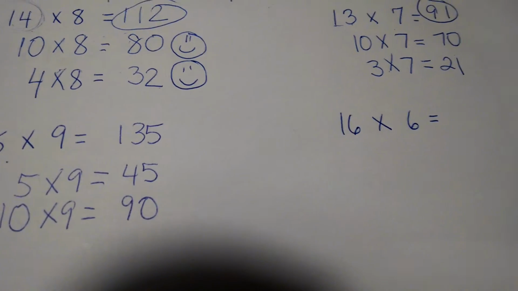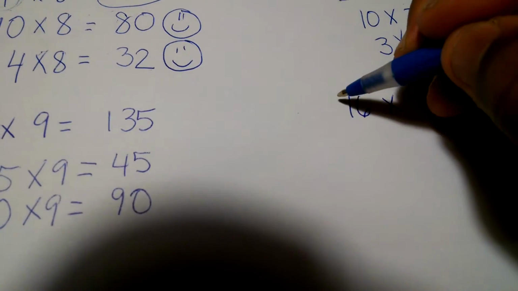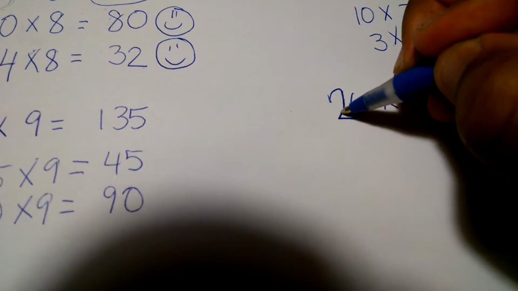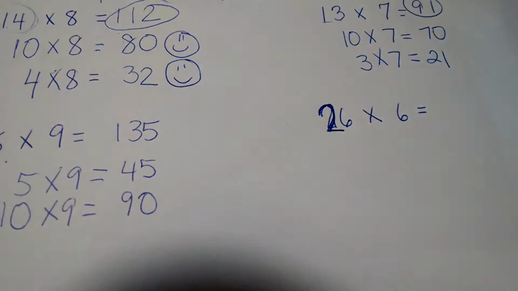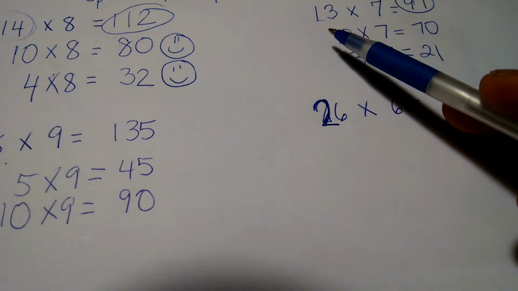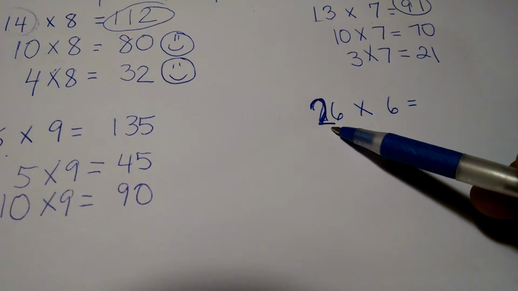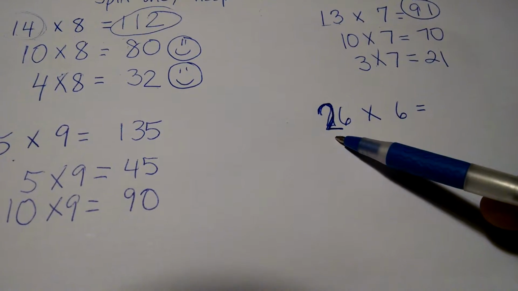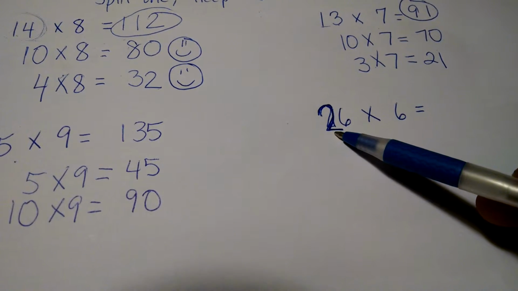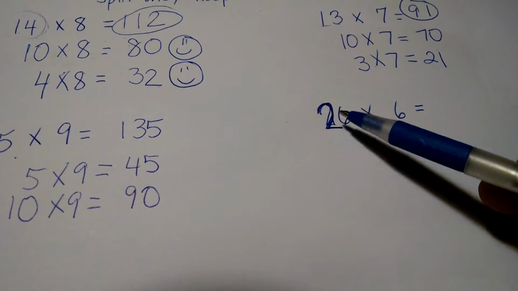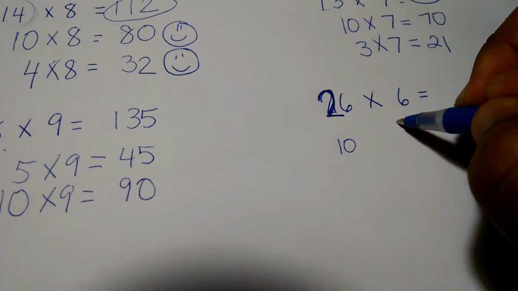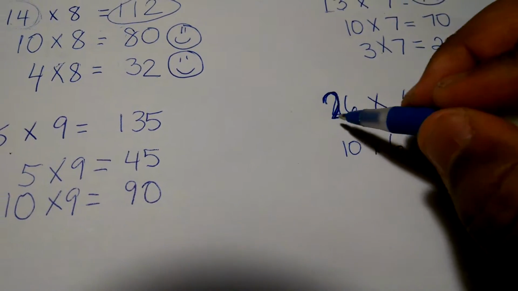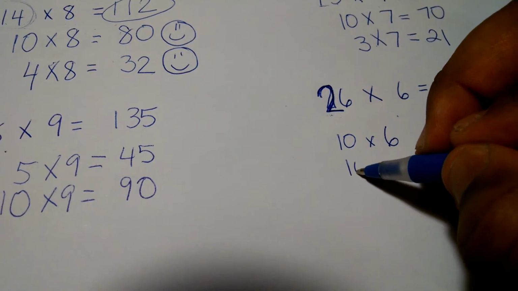Alright, 16 times 6. I'm going to change this 16 to 26 times 6. And you're saying, well, wait a minute. How can I do that? I don't have a 1 in the tens place. Now I have a 2. That's confusing. No, it's not. Same rules apply. So there's two ways you could do this. You have two 10s here. So you could do 10 times 6, because you're going to keep one factor. And it's 20, so it's another 10 times 6.